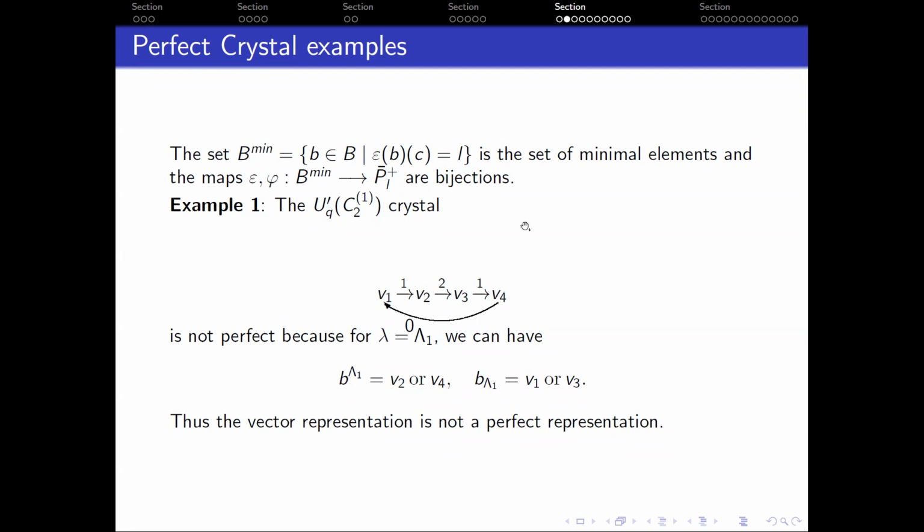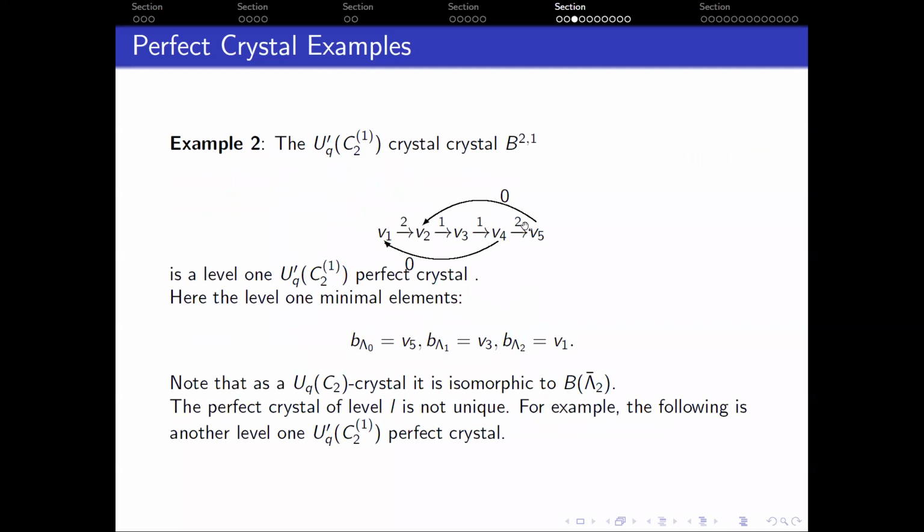So this is not a perfect representation. But if we look at this finite dimensional, 5-dimensional representation corresponding to the second Dynkin node in C2, that again can be lifted to an affine representation, and that does satisfy the conditions for a perfect crystal.